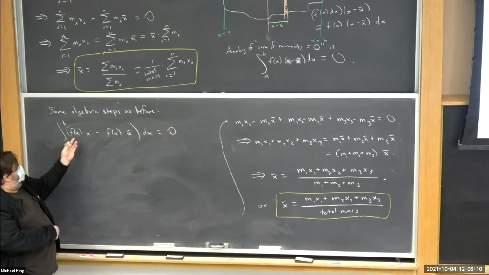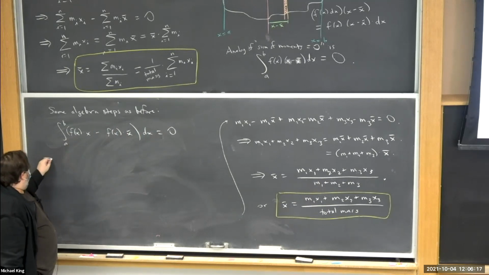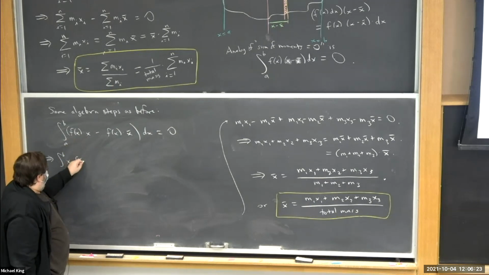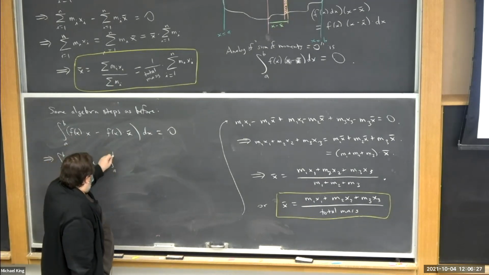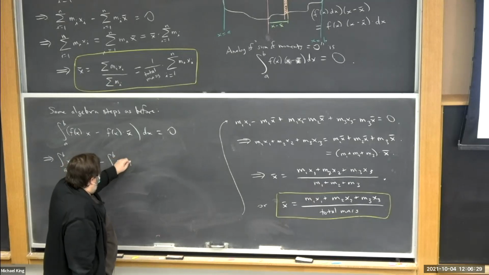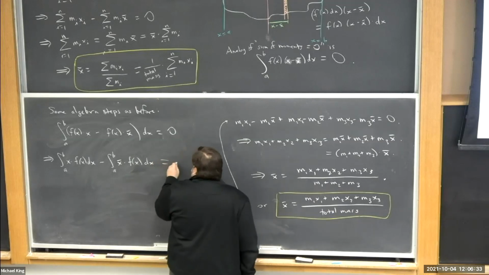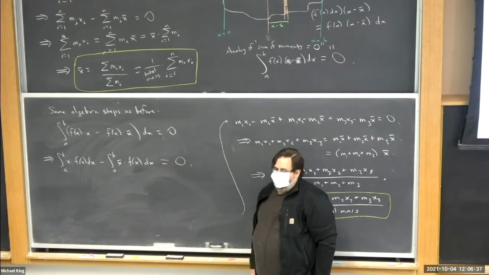I just multiplied f of x through the parentheses, right? Then break it up into two integrals. Maybe I'll put the x in front. Minus the integral. Give these derivations enough time, it starts to be second nature, hopefully. I'm doing the exact same steps.